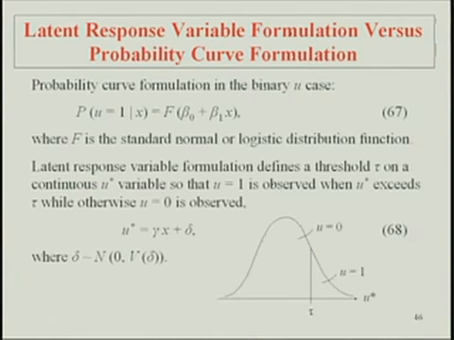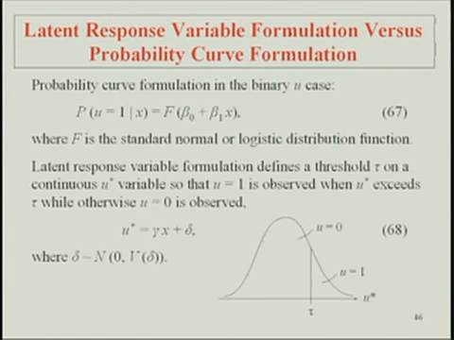So for instance, think about an achievement test item in education. And u star is your specific knowledge that you have relevant to solving that item. If your specific knowledge exceeds a certain threshold, you get the item right, u equals 1. If it falls below that threshold, you get the item wrong, u equals 0.